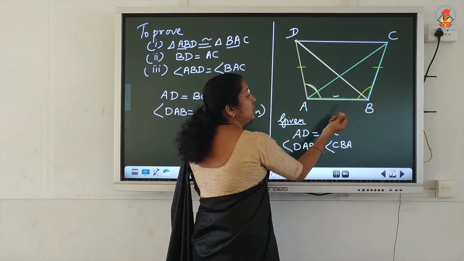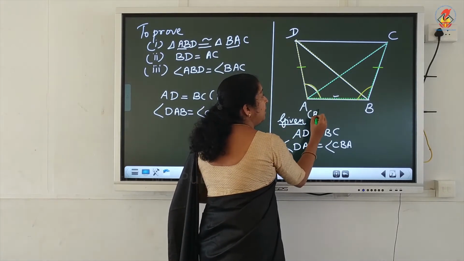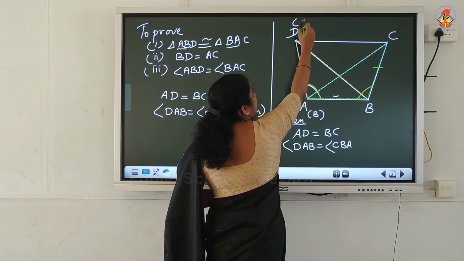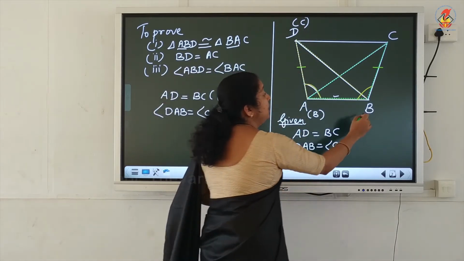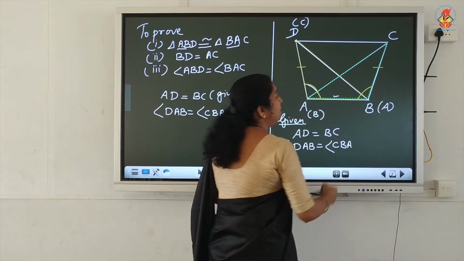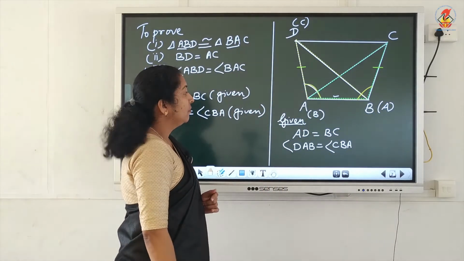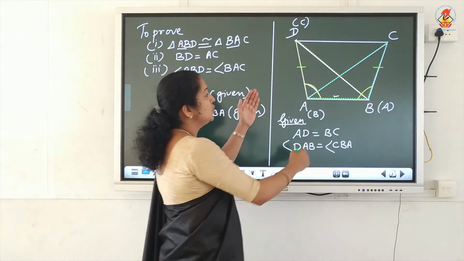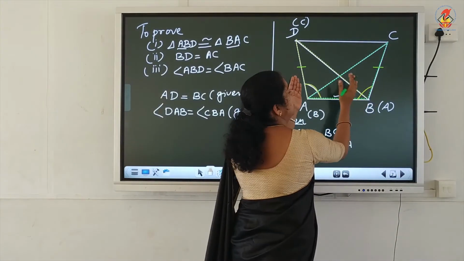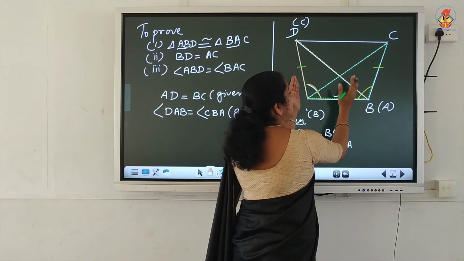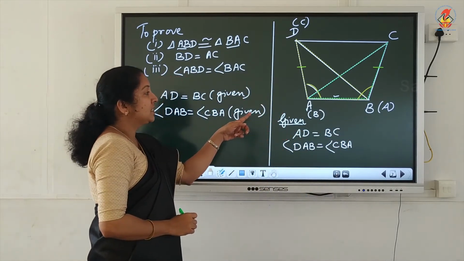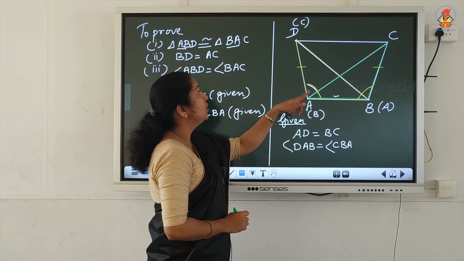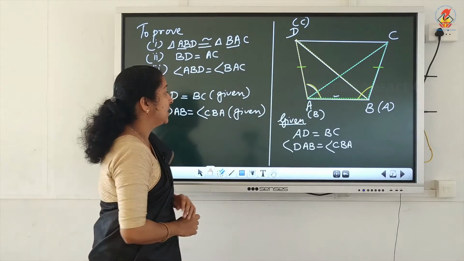So, when we turn this, A and B will coincide, C and D will coincide, and here B and A will coincide. Clear or not? So, when we keep one over the other, A and B will coincide, B and A will coincide, C and D will coincide.